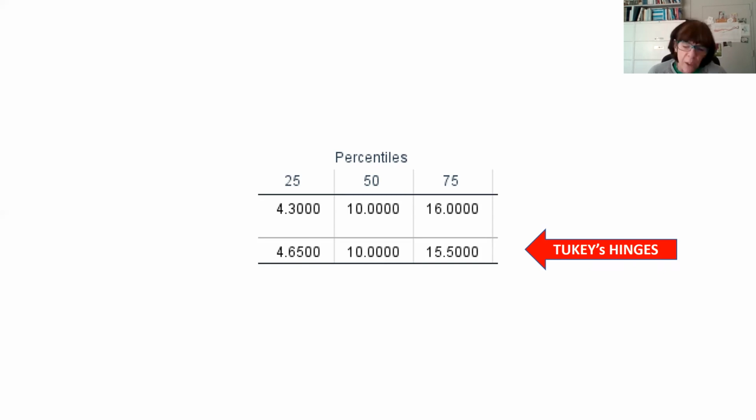So some box plots will look slightly different than others, depending on whether they're using Tukey's hinges or the normal percentiles. Tukey's hinges are certainly not necessary for this course. And really, in a publication, I've never seen anybody distinguish which kind of percentiles they are obtaining. Although when you're doing coursework, it's never a bad thing to be thorough. So particularly if you are doing Tukey's hinges, you should report that you're using that.